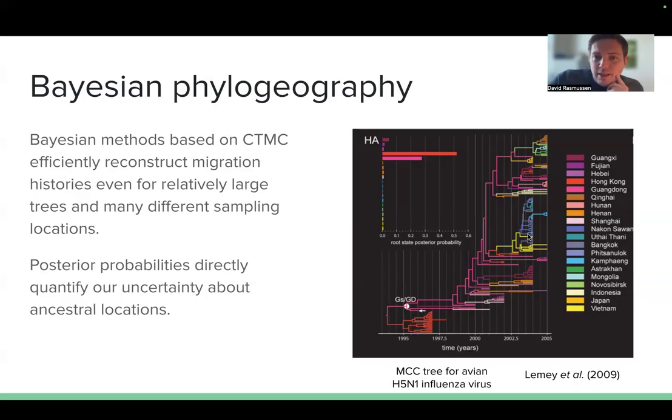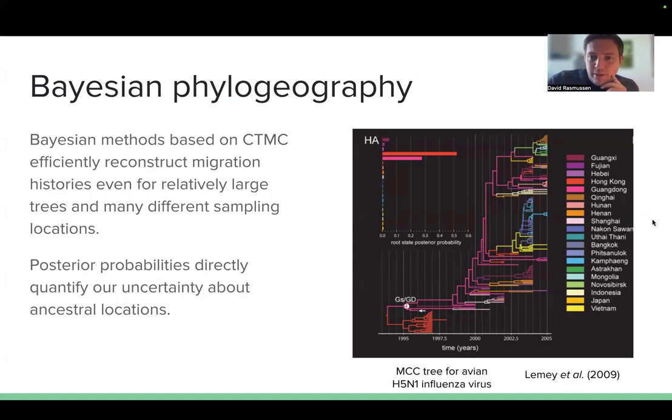So this is a nice example from Philippe Lemey's group. And Philippe was one of the main leaders in this field of phylogeography and developed many of the methods that we'll talk about today and in the tutorial on Wednesday. In this case, Philippe and colleagues were interested in reconstructing where avian influenza, or avian H5N1, arose based on samples that they had collected from all over the world.